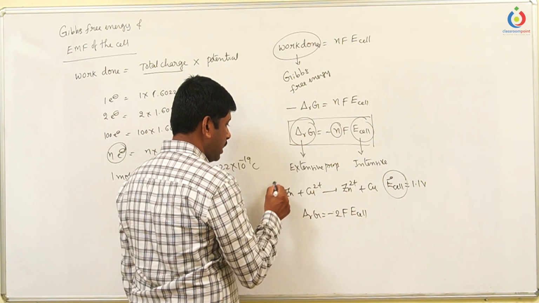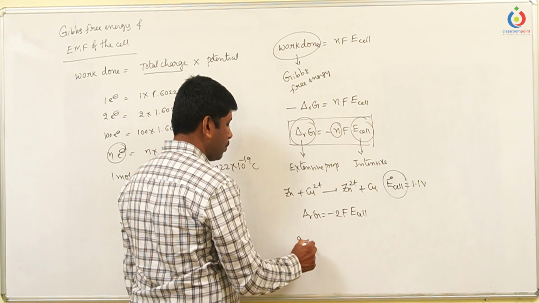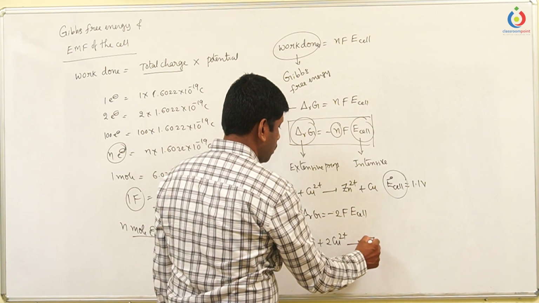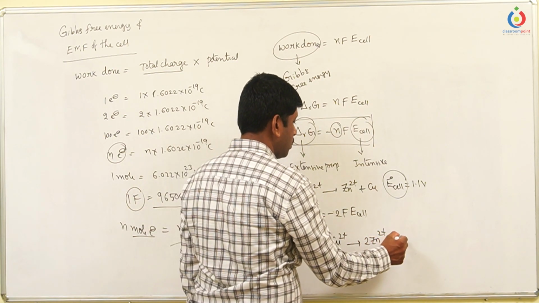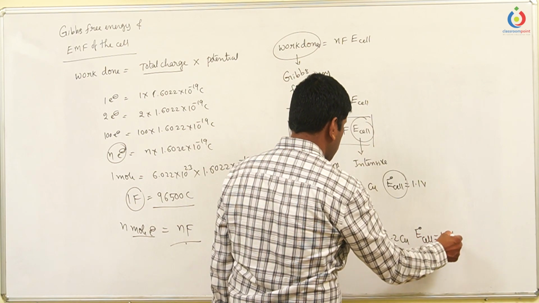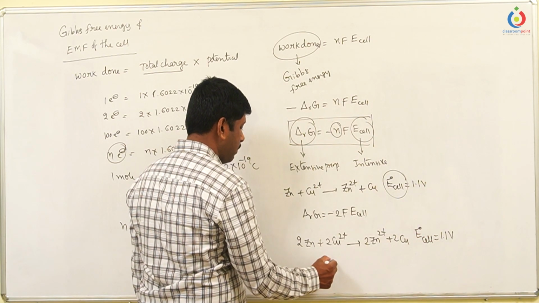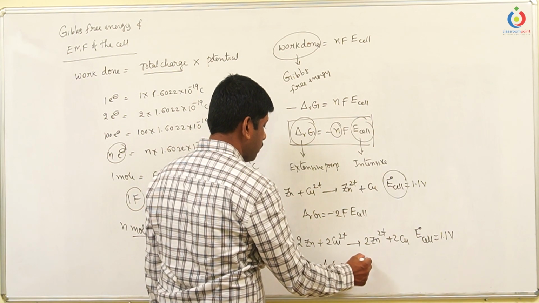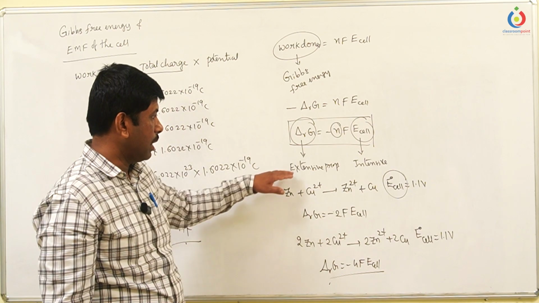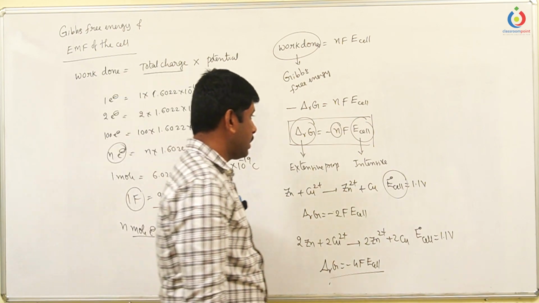Next, if the reaction is multiplied by a factor of 2: 2 Zn plus 2 Cu2+ gives 2 Zn2+ plus 2 Cu. Again the E0 cell value has no change, 1.1 volts, but the delta rG value is equal to minus 4F E cell. That's why we take delta rG as an extensive property.